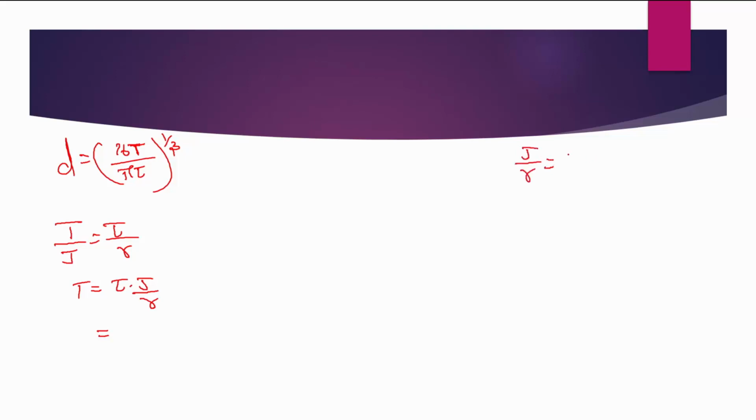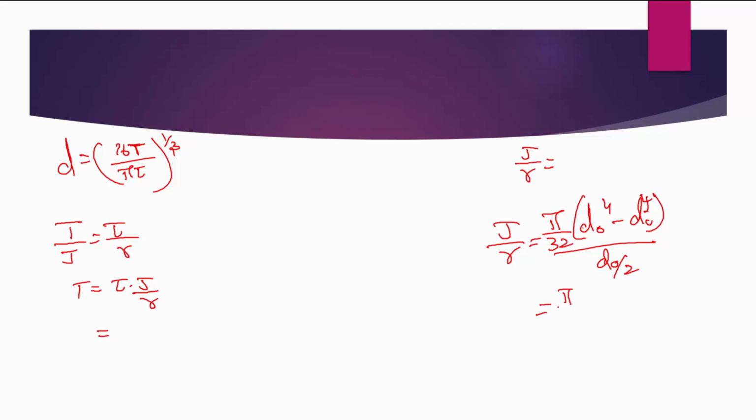As we know, for j the formula was pi by 32 (d naught power 4 minus di power 4). So j by r, with r equal to d naught by 2, again using the same approach, gives pi by 16 into (d naught power 4 minus di power 4) divided by d naught.